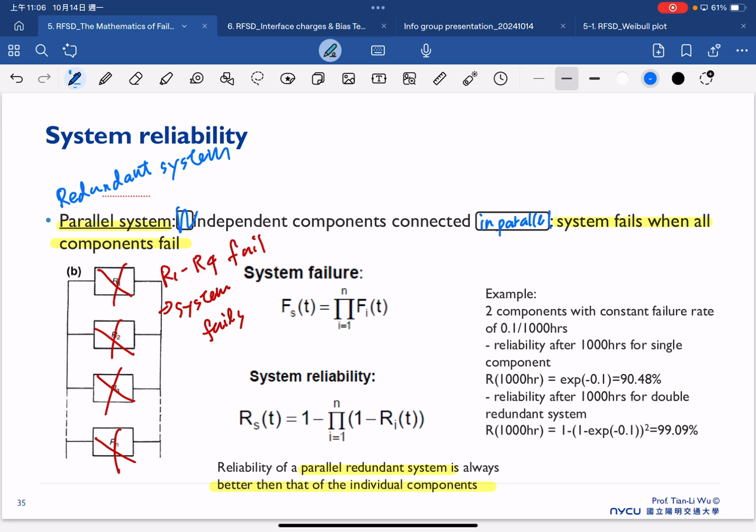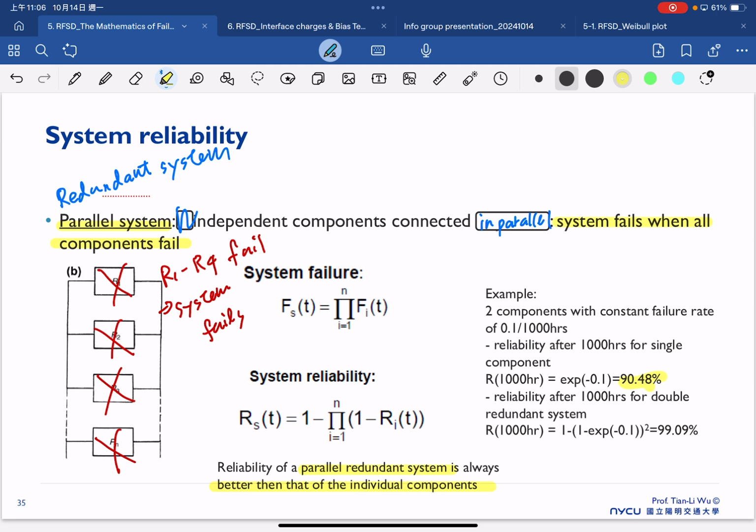So the reliability of the parallel system is always better than the individual one. Here is an example. We have a component with a constant failure rate, and its reliability after 1,000 hours is equal to 90.48%.